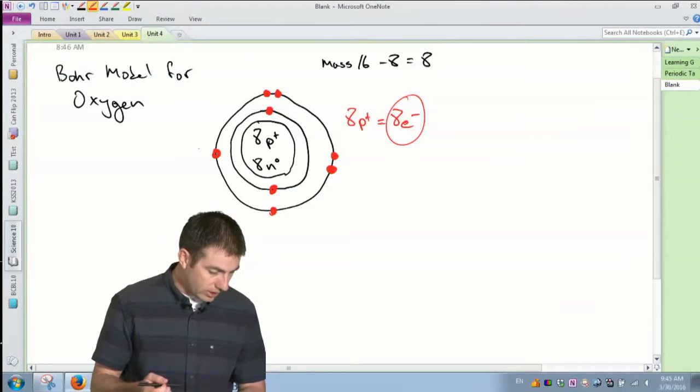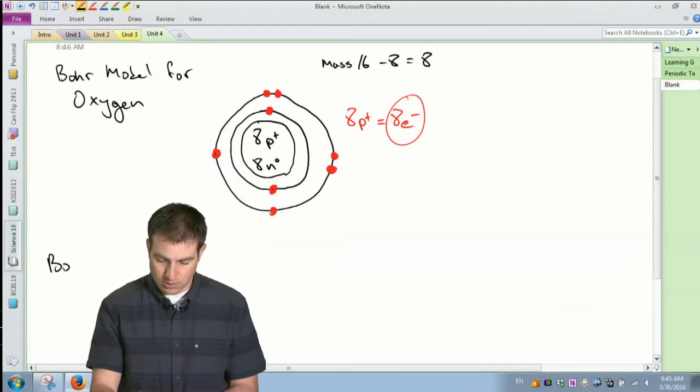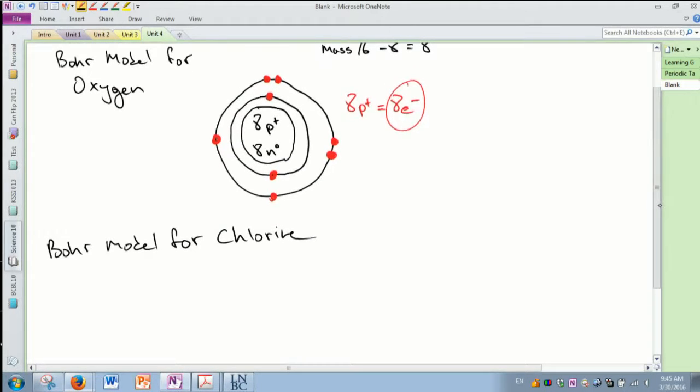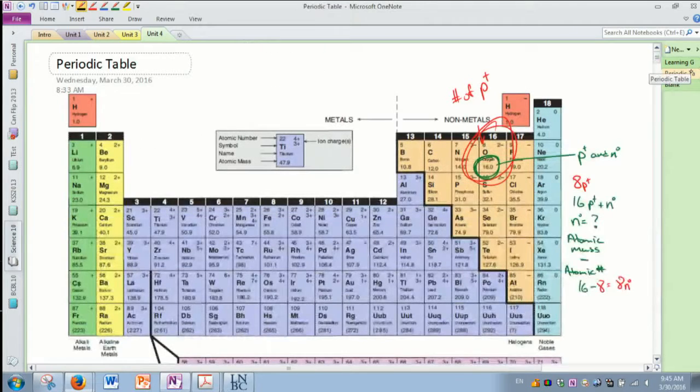So 17 is chlorine. So let's draw the Bohr model for chlorine. And just scroll this down a little bit. All right, so chlorine's number 17 on the periodic table. Maybe I'll just jump over to a periodic table here.